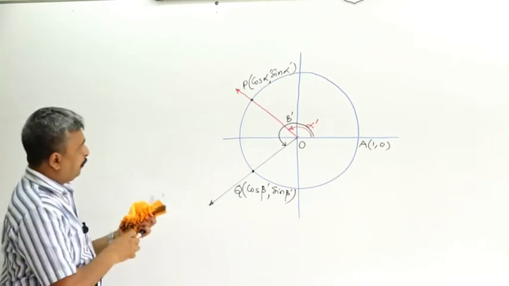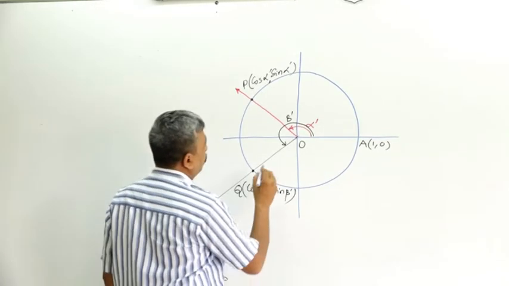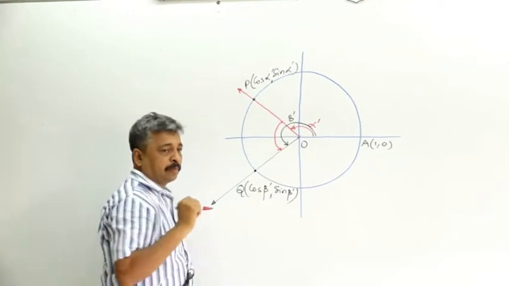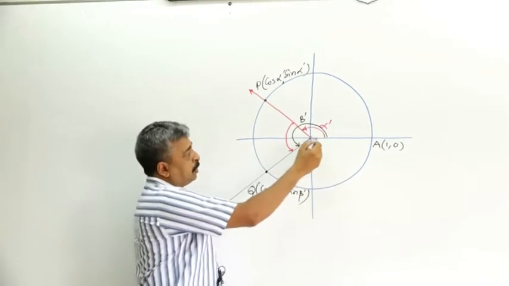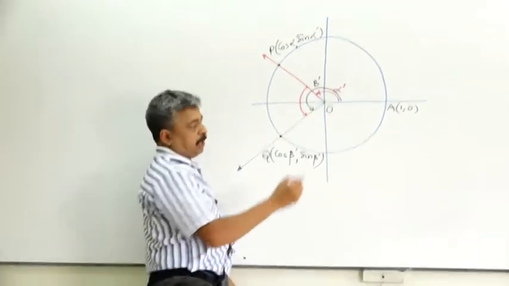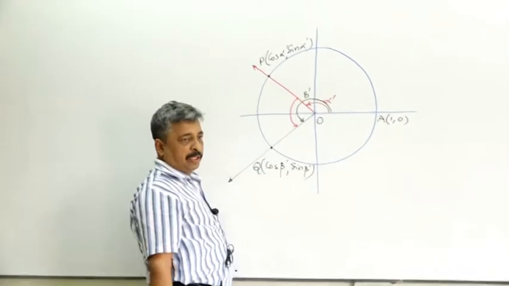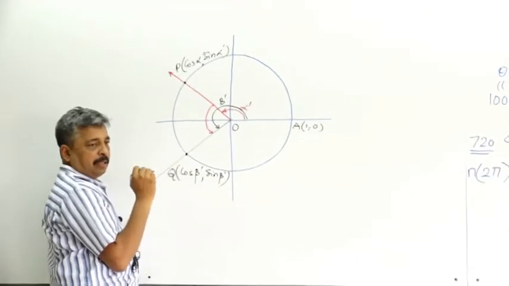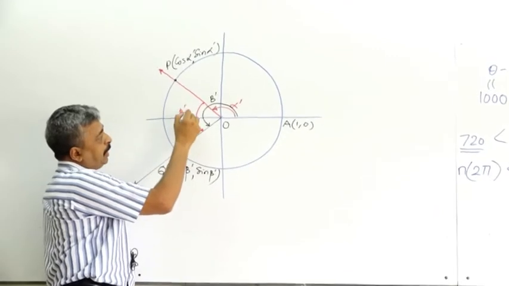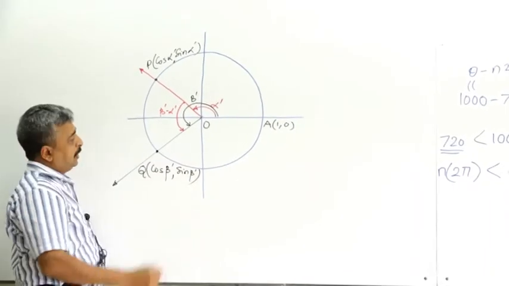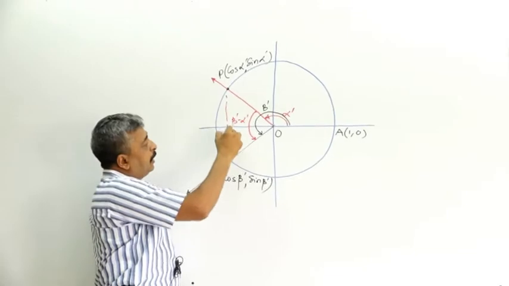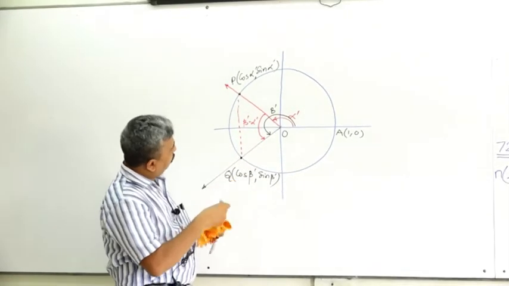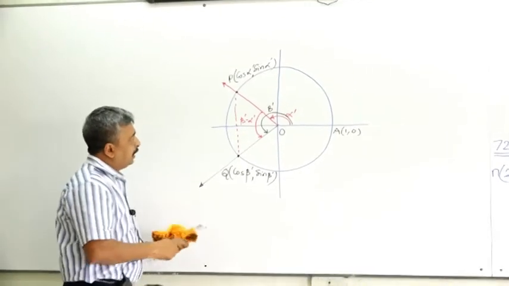And therefore, if we consider how much this angle will be: this total angle from here to here is beta dash. This angle from here to here is alpha dash. So what will be this remaining angle? This will be beta dash minus alpha dash. And let me complete this triangle OPQ, and now I would like to copy that triangle over here.